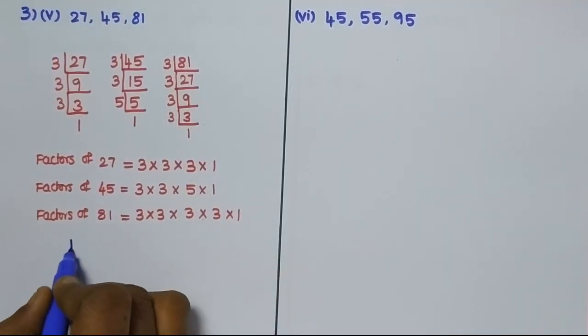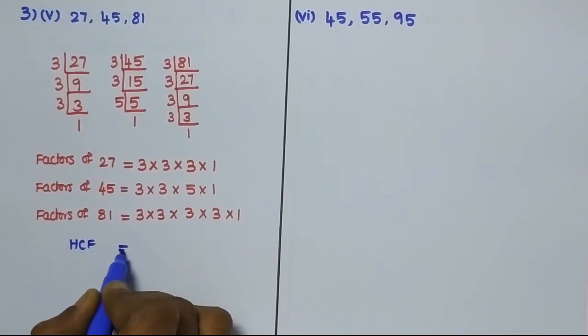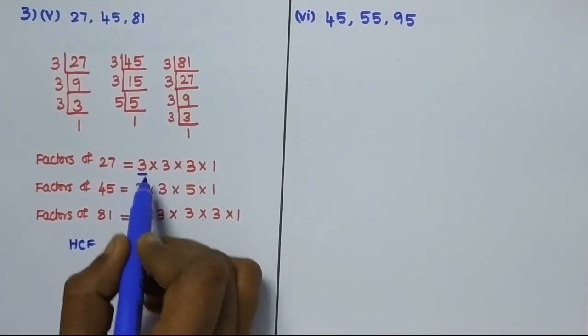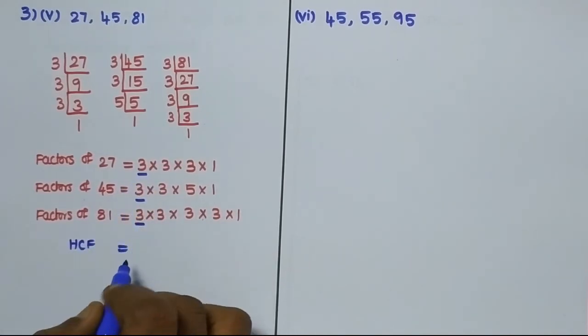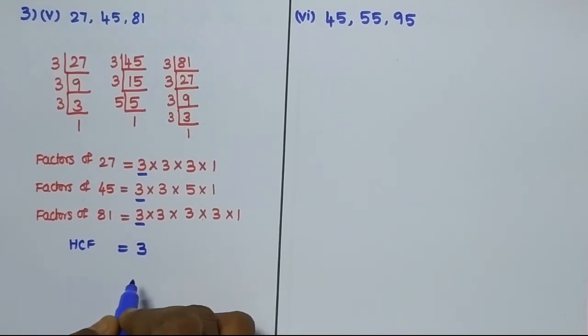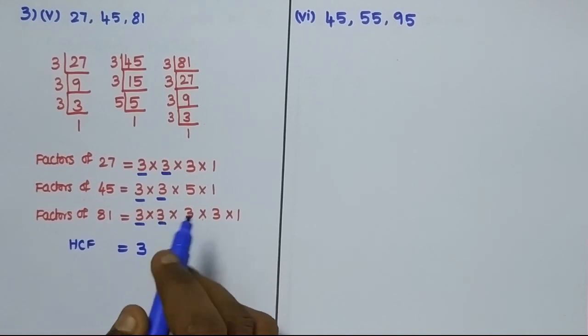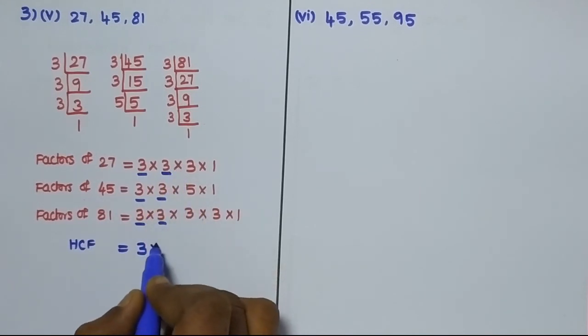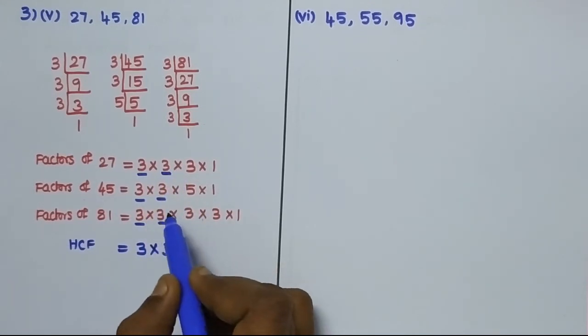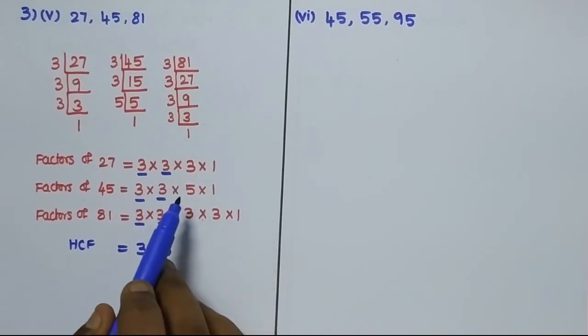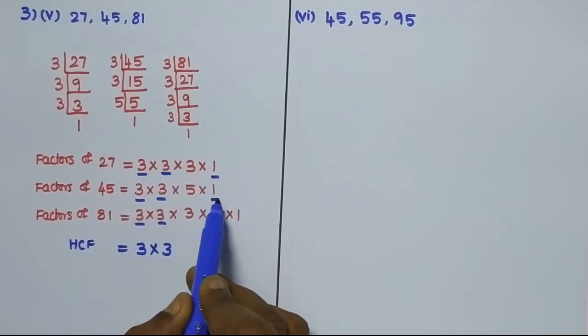Now HCF equal to, here 3 3 3. So 1 time 3 and then 3 3 3. So in common 3 are there. And which one? 1.